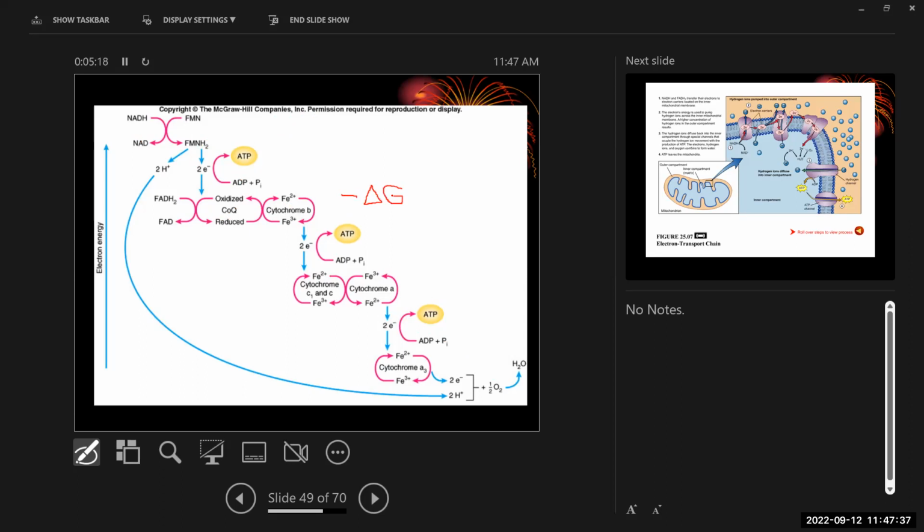The answer is you can. So you're going to alternate in this carrier between carriers that carry hydrogen ions and electrons and carriers that just carry electrons, like cytochromes. Those hydrogen ions will be extruded on the other side of the membrane.